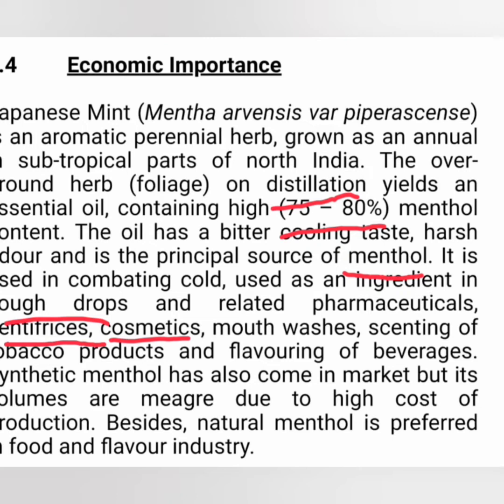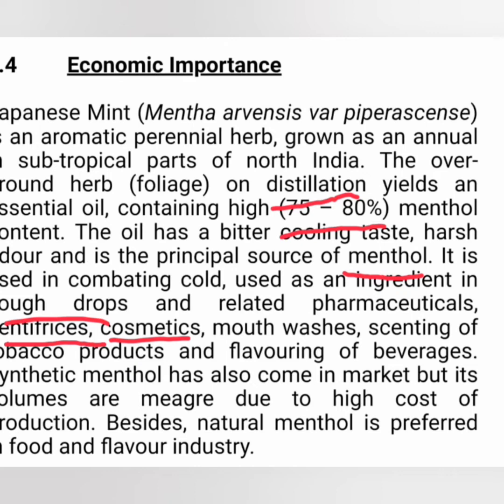So these are some of the important uses of this mint. Okay, of other mints such as peppermint, spearmint, and bergamot mint. Those are the three species, because I had already mentioned four species. They are extensively cultivated for their oil and aroma.